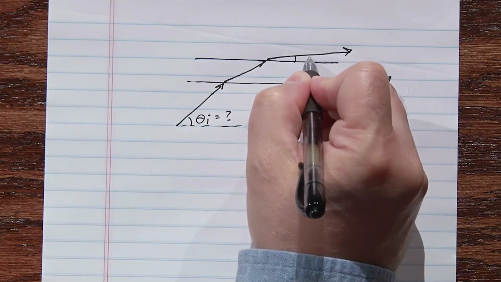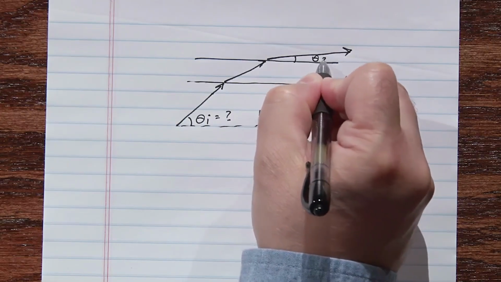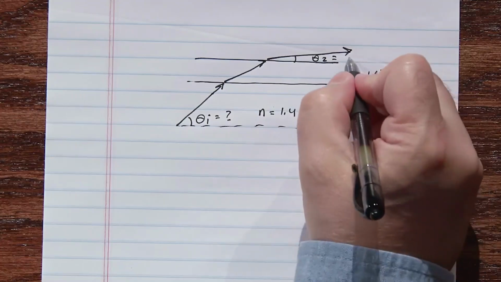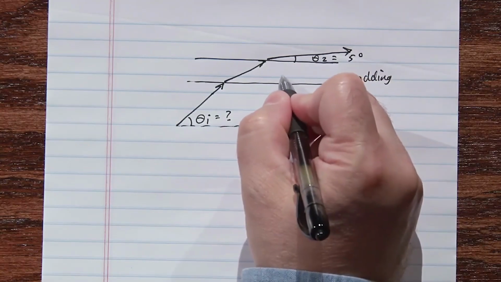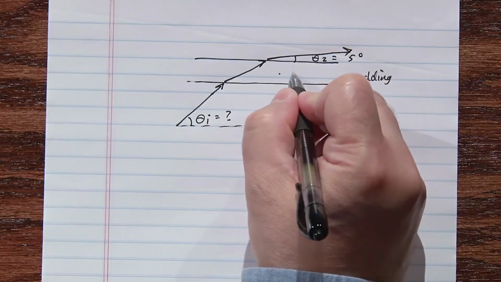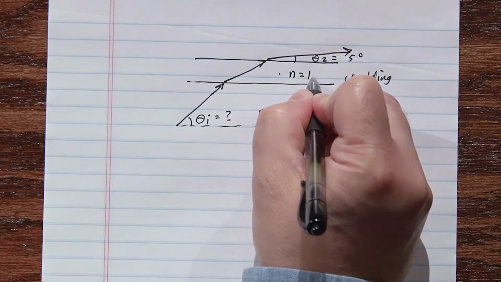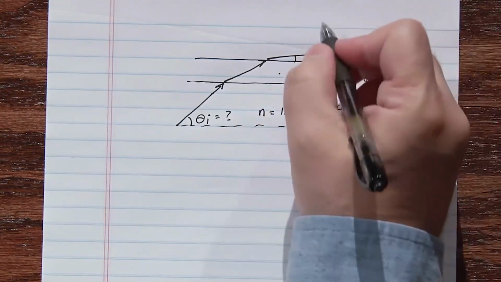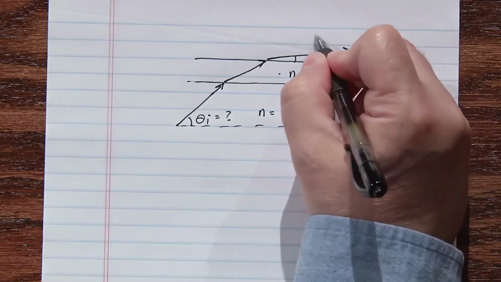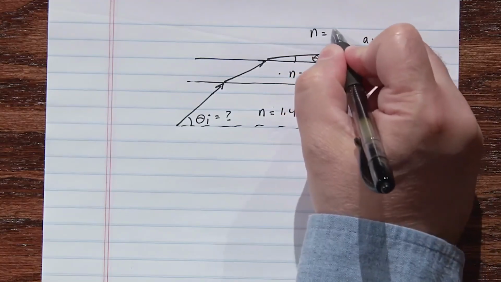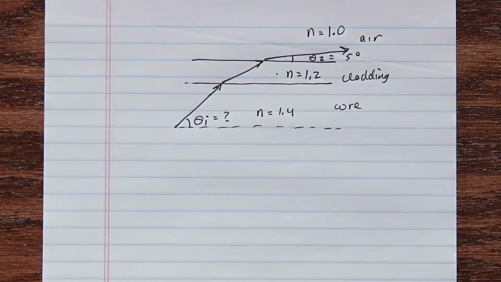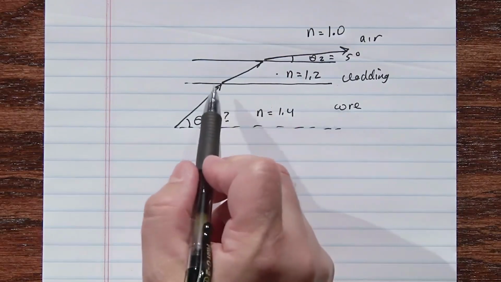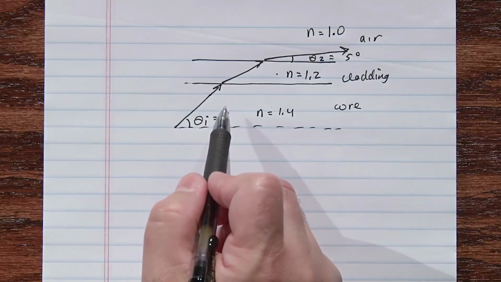And we were told that this angle, theta 2, was equal to 5 degrees. And we were also told that the index of refraction in this area, N, is equal to 1.2. And in the air, N is equal to 1.0. Okay, so what we have here now are two surfaces.